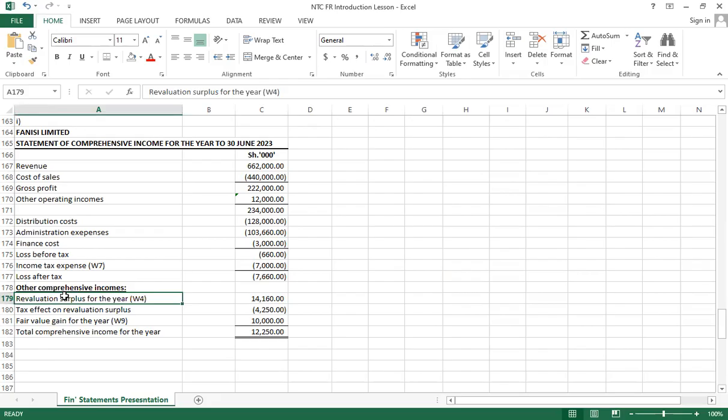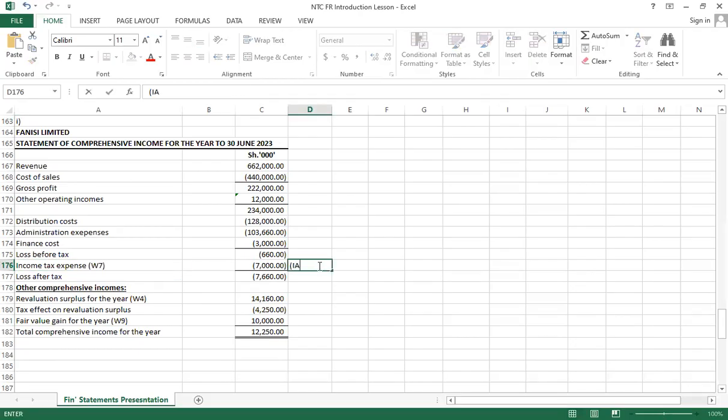So unless it is for the revaluation surplus, you can't bring it here, yeah? When you have a deferred tax, it is part of your income tax expenditure. Remember that for this taxation, you apply the provisions of IAS 12. IAS 12 is about income tax, where we do consider two taxes.